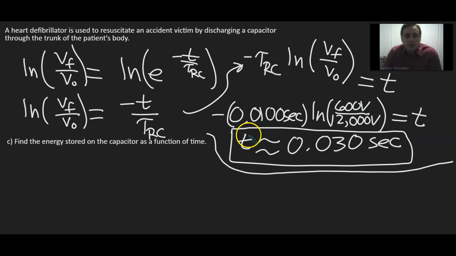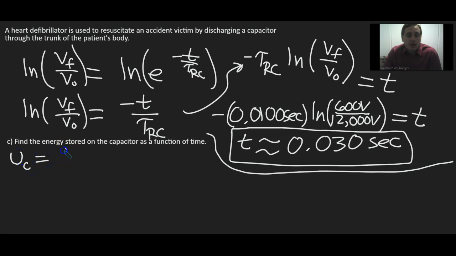So, looks pretty good. And then lastly, C, find the energy stored on the capacitor as a function of time. Well, we know that energy stored in a capacitor should have one of 3 forms.